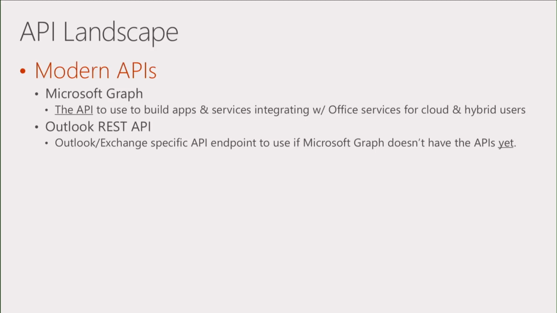Now, for Exchange Online specifically, there is a set of what I would call modern APIs, the HTML, JSON, and easy to develop, whether it's a mobile phone app or a service at scale. Graph is the API we're heavily betting on, and the goal is that it's one API with one auth to reach all applications and services, for application services to integrate with multiple Office services, with the identity platform, which is Azure Active Directory.